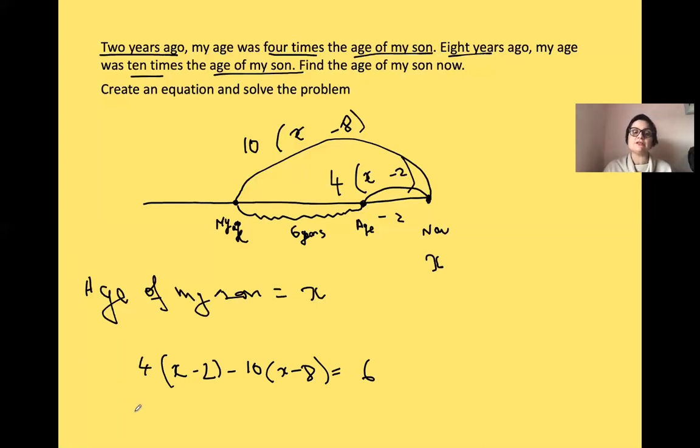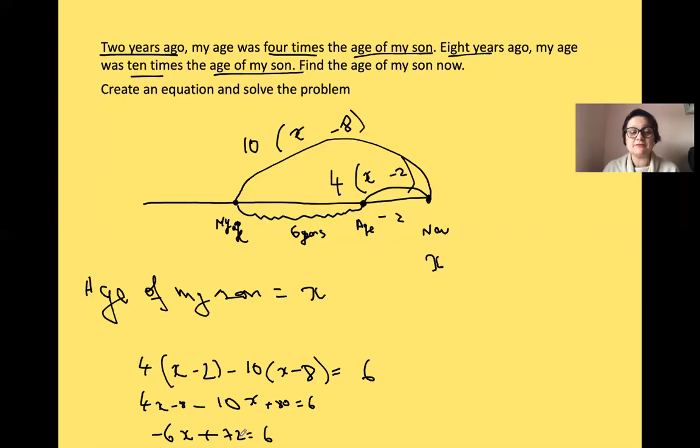Let's solve the equation and see. So here we have 4X minus 8 minus 10X plus 80, equals 6. Any like terms? Yes, I have 4X minus 10X makes minus 6X, and minus 8 plus 80 makes plus 72, equals 6.